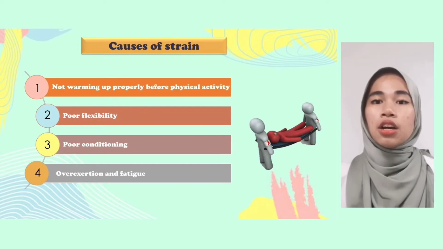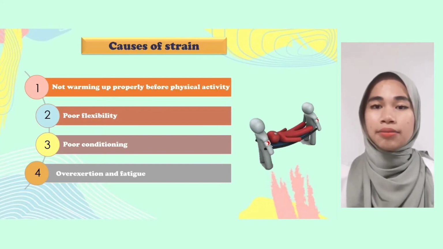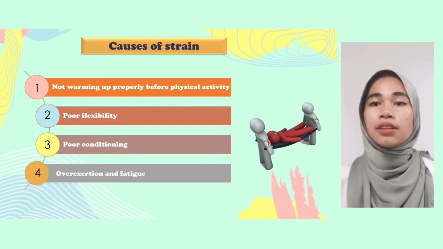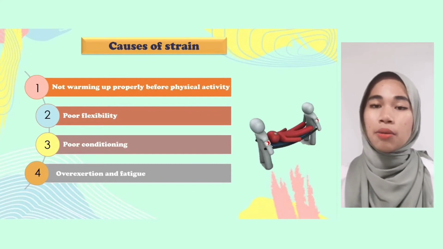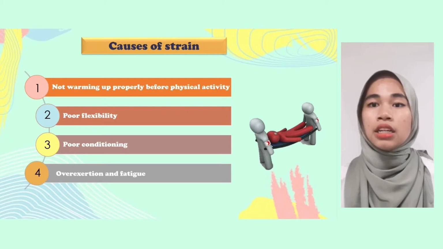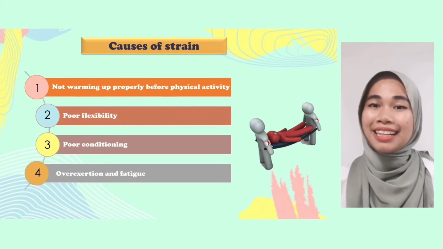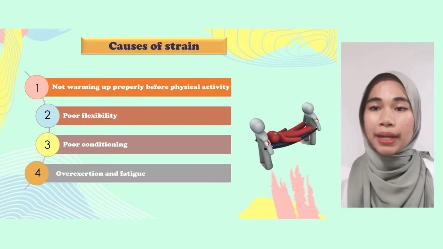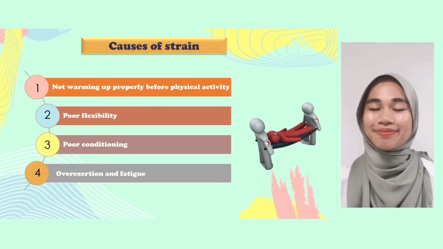Okay. For the second is poor flexibility. Poor flexibility means more difficulty when performing your daily activity and can cause joint stiffness, muscle tightness, lower back pain, and health related problems.